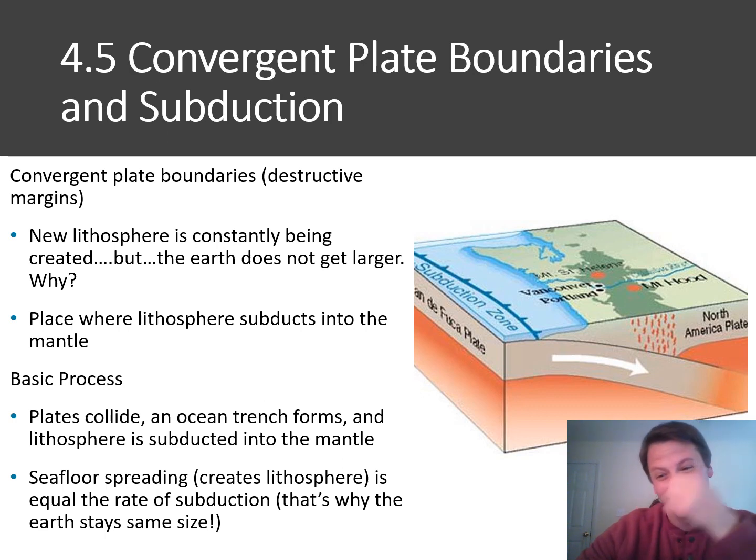If it's distracting, let me know and I'll find something else. But we have a plate in this example essentially subducting or going underneath the other, right? So this is the Juan de Fuca plate, which is off the west coast of the US, and then you have the North American plate, right? So that's just the basic idea.